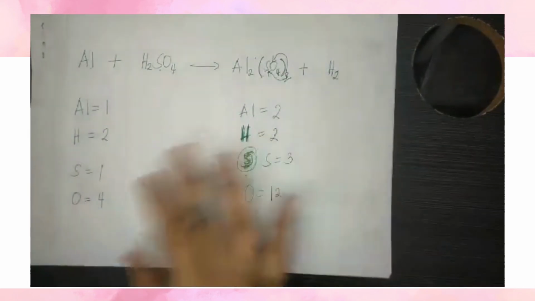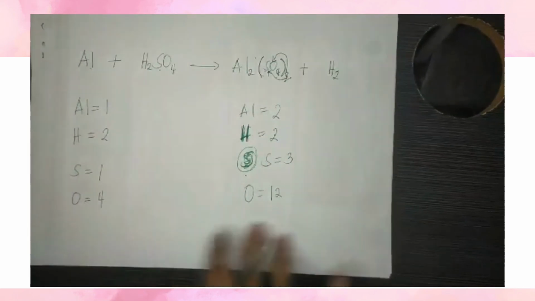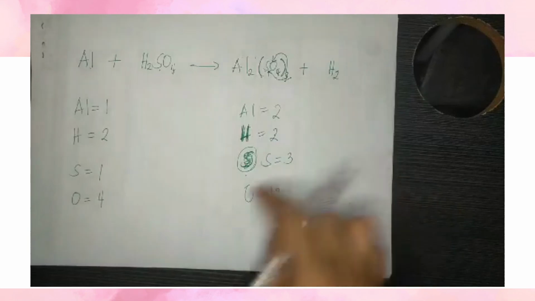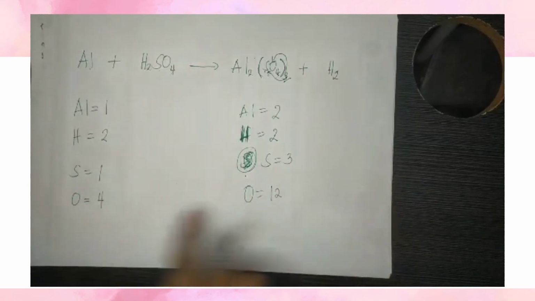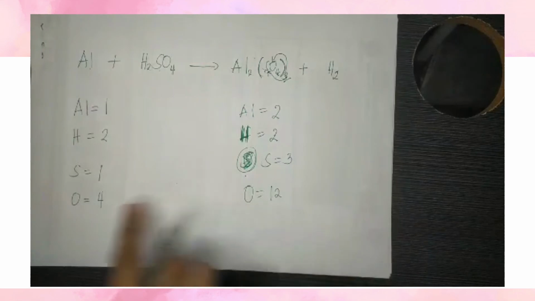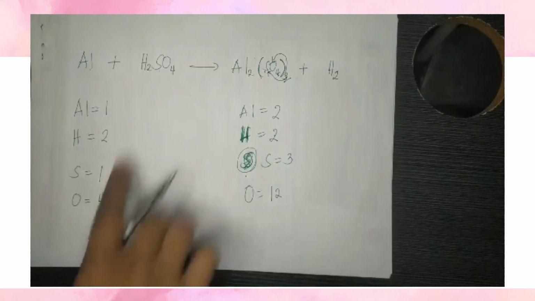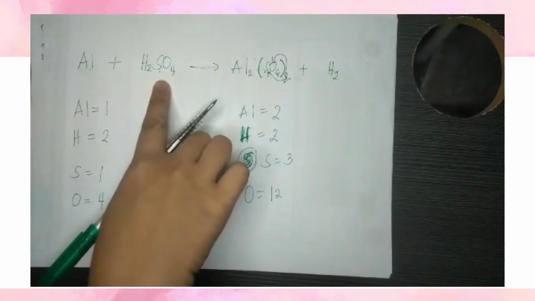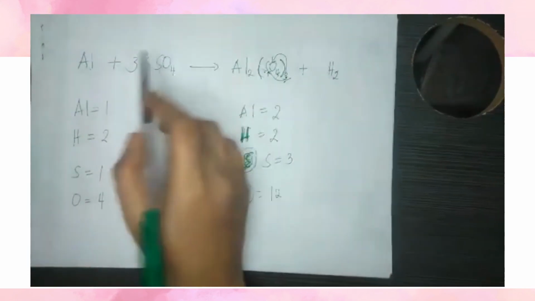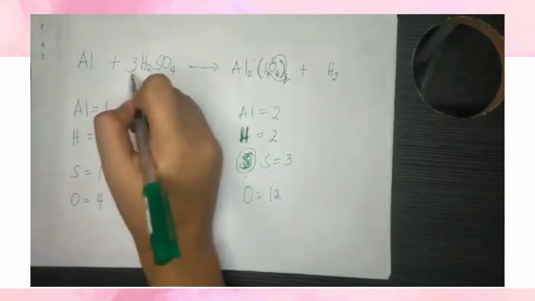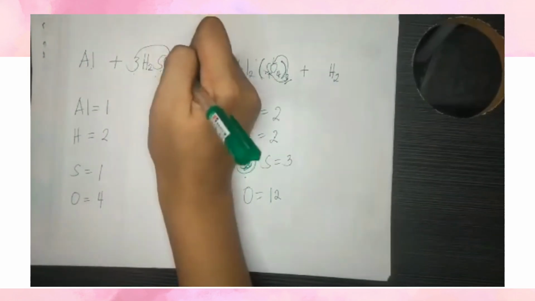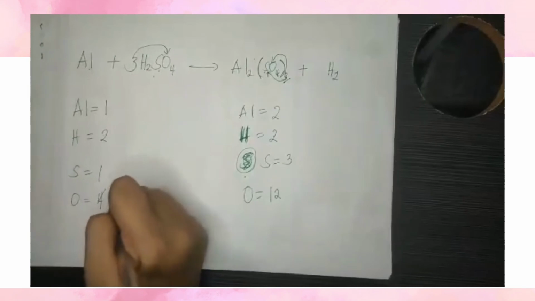Now to balance this equation, let's try first to balance the oxygen. So we have 12 oxygen on the product and 4 oxygen on the reactant. So let's try putting a 3 coefficient on this one so that oxygen will now have 12 atoms.